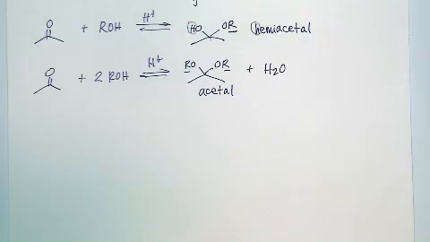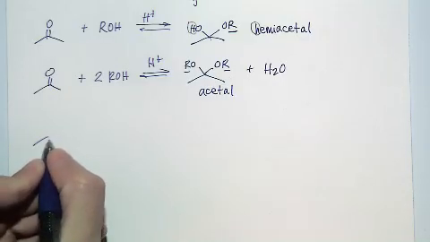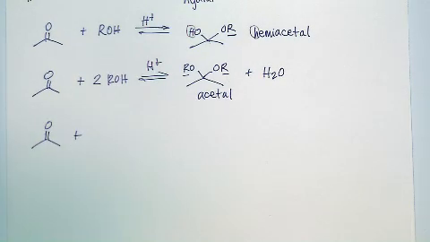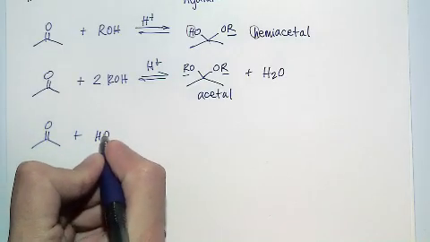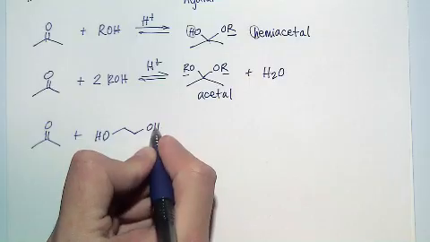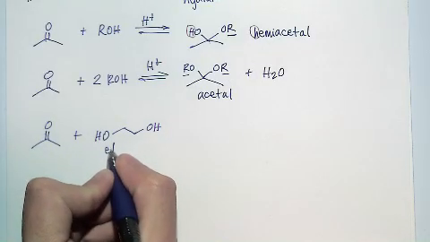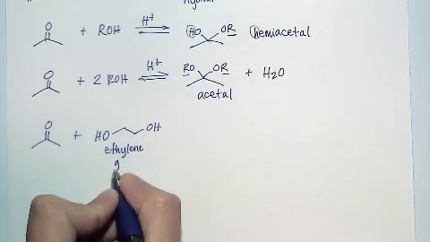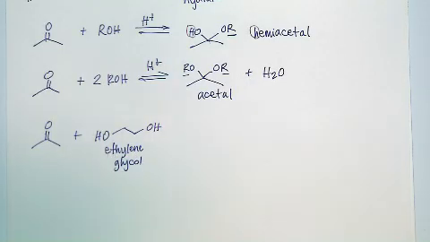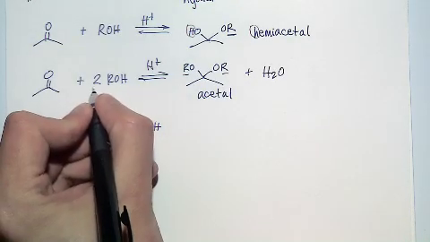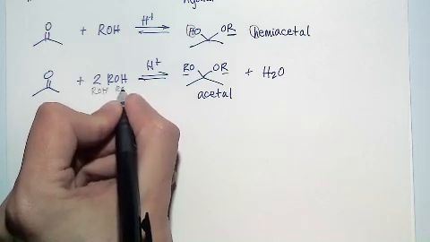But what we can do instead is rather than having two molecules that each have one alcohol, what if we have one molecule that has 2 alcohol groups on it. So this is ethylene glycol. And in the same way that this reagent here is just ROH and ROH, right?